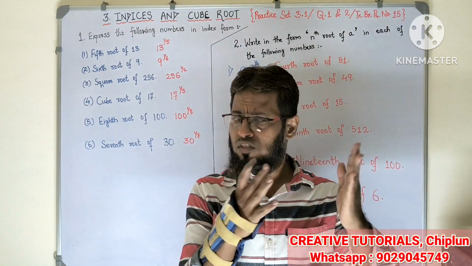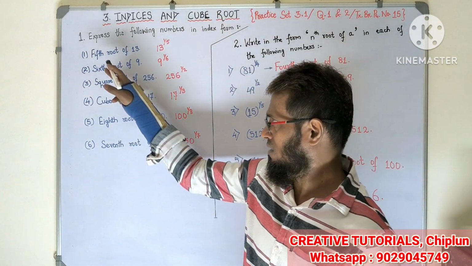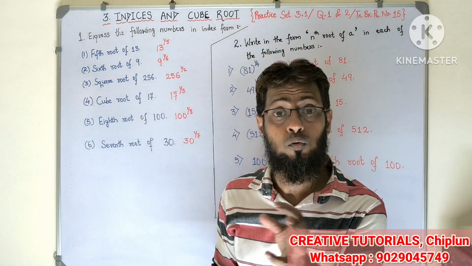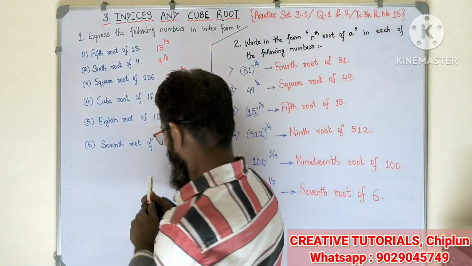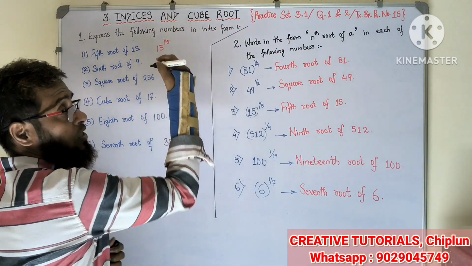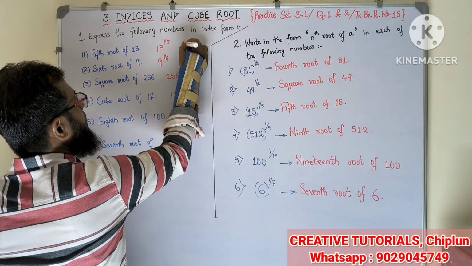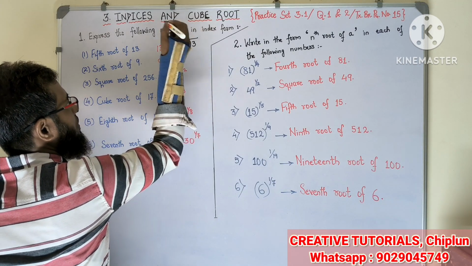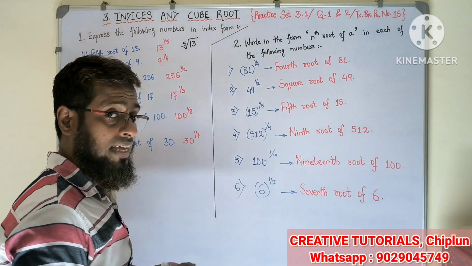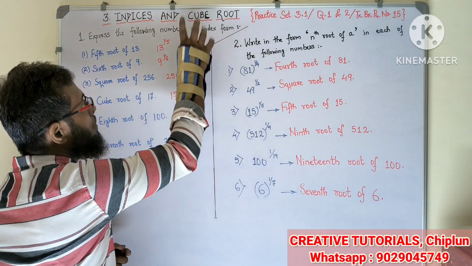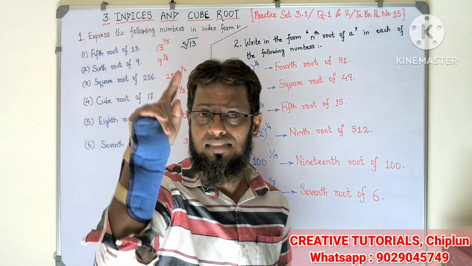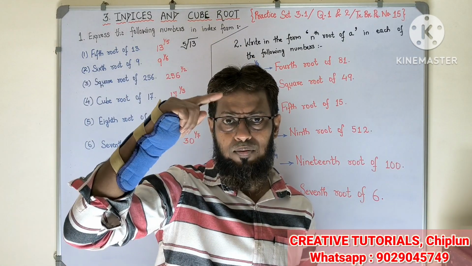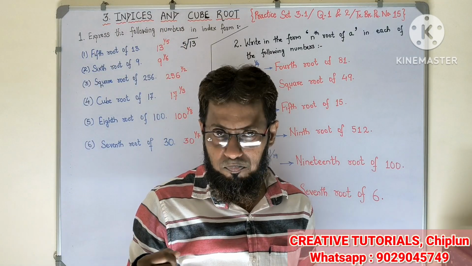If you remember from my previous videos, if I want to write this in root form, it will be the fifth root of 13. Correct? Then I had taught you that whenever we remove this root sign, the so-called radical sign, whatever number is inside the pocket becomes reciprocal and goes in the power.